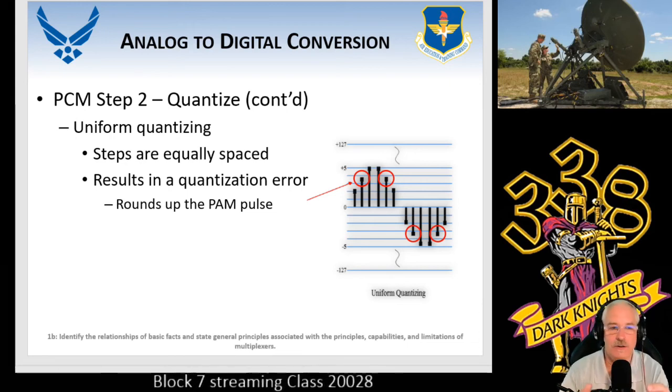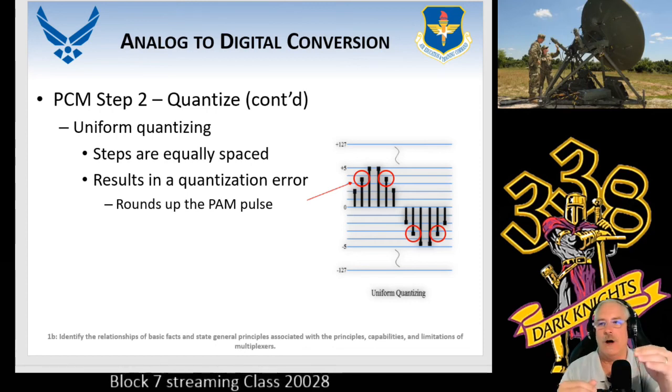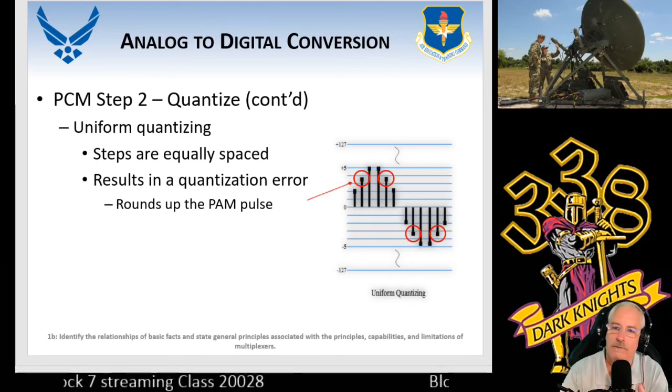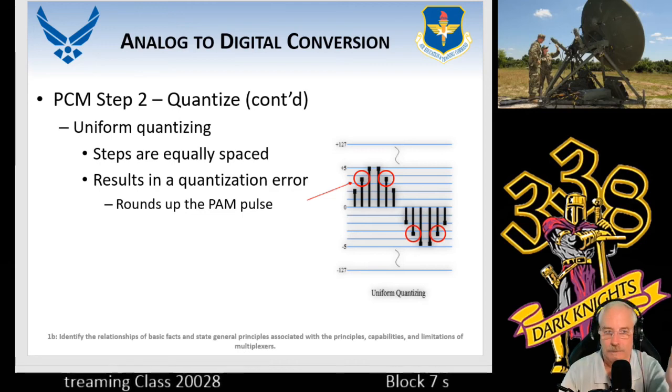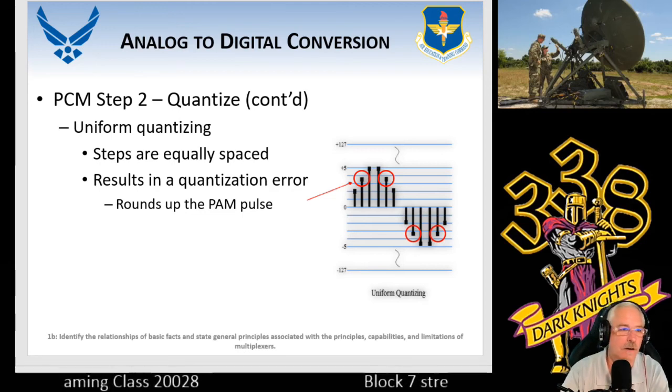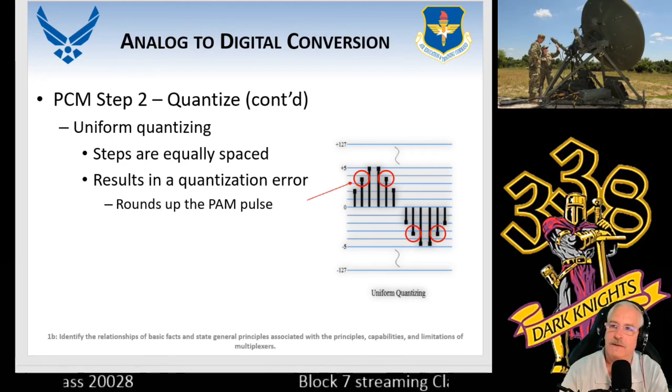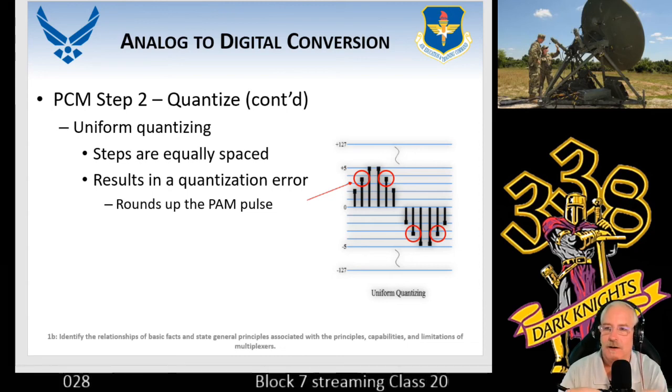With that quantization error, it has to take that number and either go up or down using the rounding configuration. Rounding being, hey, anything 4 and below, I'm going to go down. Anything 5 and above, I'm going to round up. But it is basically non-representative of the signal and can cause problems like distortion to a certain extent.